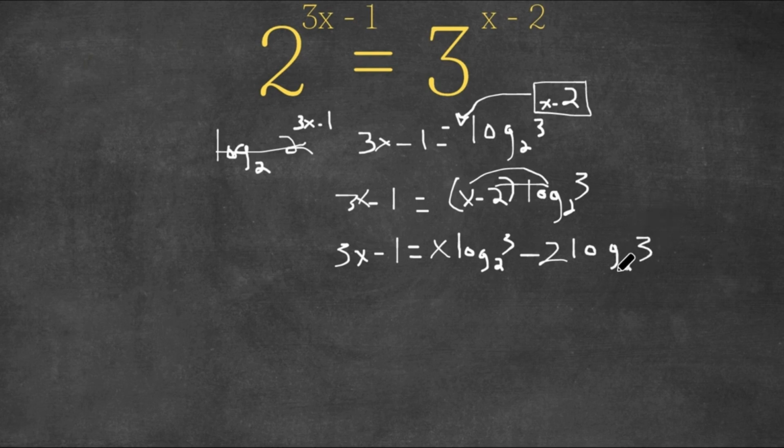All right, so now as you can see, we have our equation here. And now what we want is to get all the terms with x on one side. So I'm going to add 1 on both sides to get rid of 1 on this side. And then I'm going to subtract x log on both sides so that all the terms with x can be on the same side.